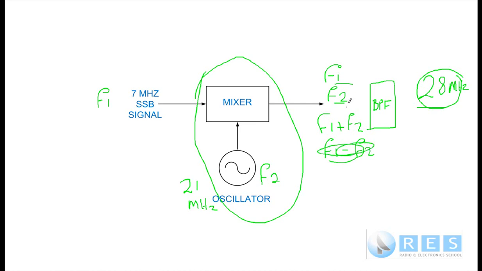This is crud, that's crud, that's crud, this is the one we want. We put a bandpass filter on 28 megahertz, and what we've succeeded in doing is converting a 7 megahertz SSB signal to 28 megahertz. And that is the primary basis of radio transmission and reception.